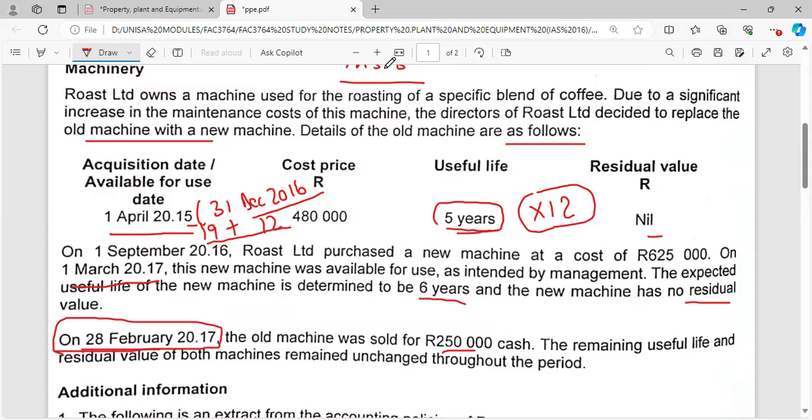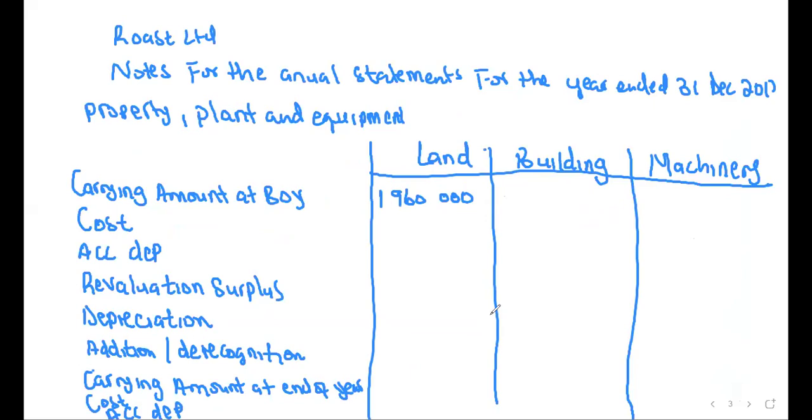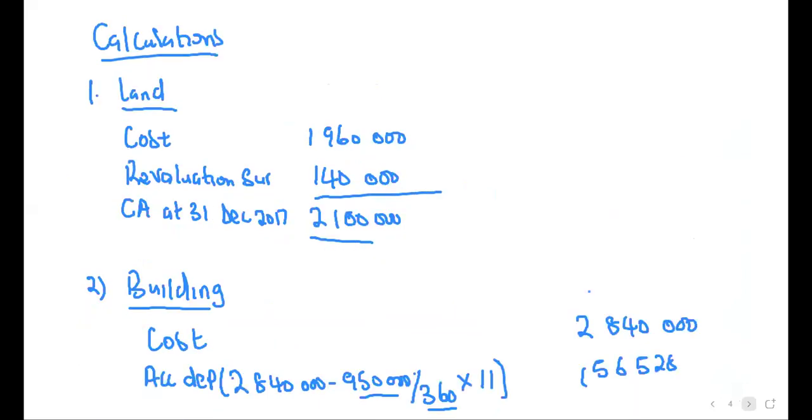I was saying, let's finish off, and I think we're just copying and pasting now. The cost of the building is 1,960,000. There is no accumulated depreciation. What do we say is the revaluation surplus for the building? Let's check. We just go to our calculation. The revaluation surplus is 140,000.